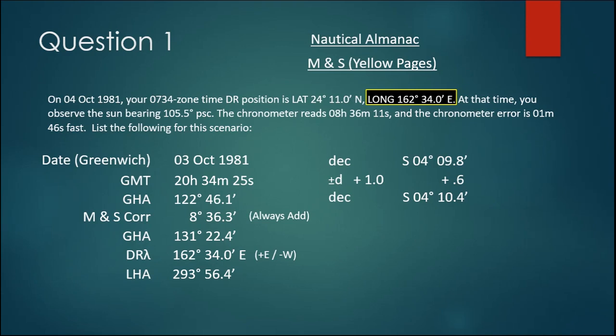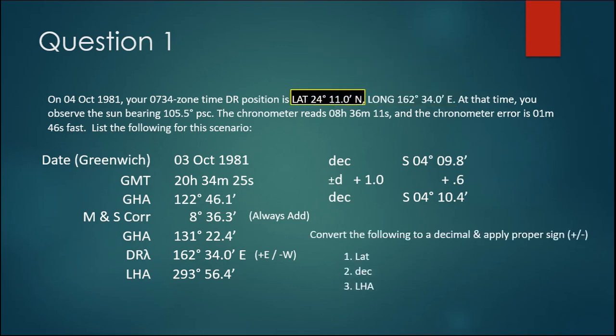Now that we have these 10 things, we need to pull 3 things out of it and do a little bit of conversion. The first thing we need to pull is the latitude. We'll get the latitude from the problem. Then the next thing we need to do is get the declination.